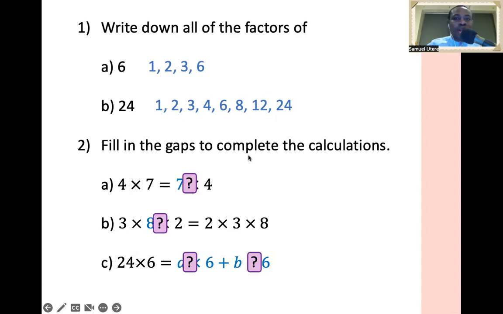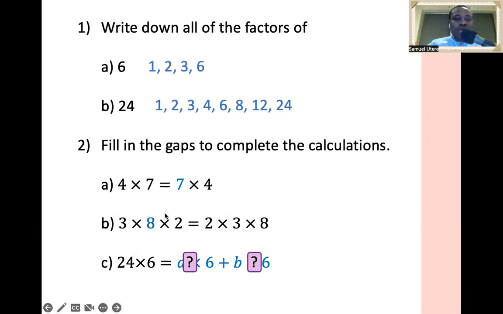Next, we were asked to fill in the gaps to complete the calculations. This shows that multiplication is commutative. Commutative means you can move the number around. The one that is on the left comes to the right, and then you still get the same answer. And here for B, you can see these are the answers. It shows commutative.